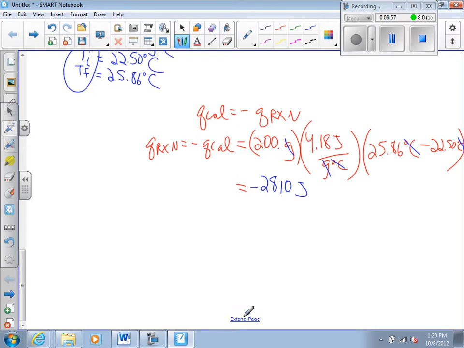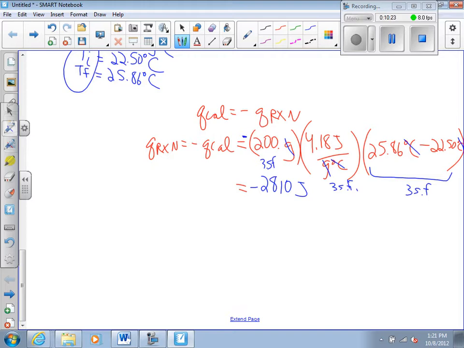When we do this subtraction of temperatures, we keep everything to the hundredths place, and we have 3 sig figs right here, and 3 sig figs right here. So we're going to keep our answer negative 2810 joules. The negative comes from this negative sign right here. I forgot to write that here.